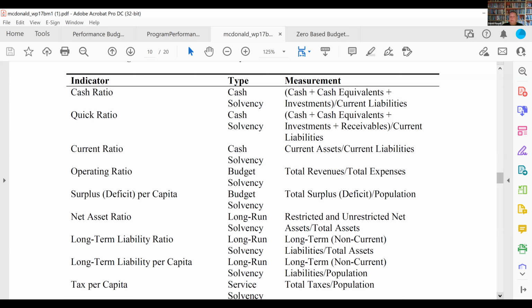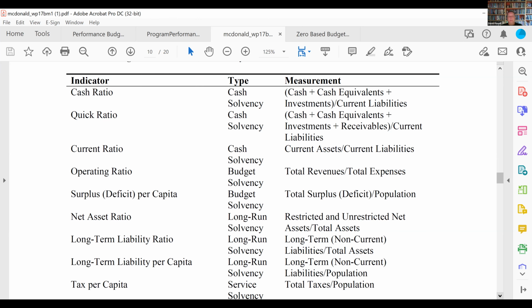Your surplus or deficit per capita, very similar to what we saw in the Brown indicators. Surplus or deficit per individual in your city, per population, I guess I probably shouldn't say per member. Your net asset ratio, so your restricted and unrestricted net assets divided by total assets. So basically the assets that don't have claims against them divided by your total assets, even if they do have claims against them.